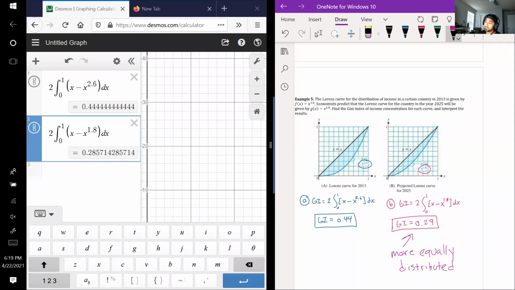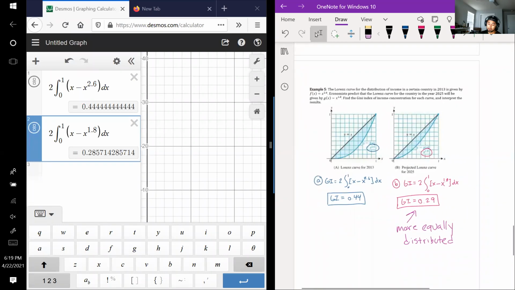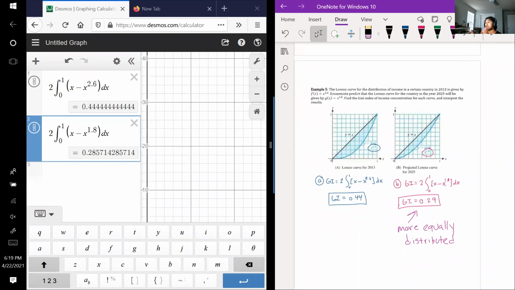But I would say 0.4 is still not a bad number. But if it gets better to 0.29, great. That'd be probably related to the census and all that, right? Exactly. So everything can go into it. The studies could be even a small population. They can even do a study on your neighborhood, right? Like is income equally distributed in your neighborhood? It could even be with students. So it can be a study of anything.